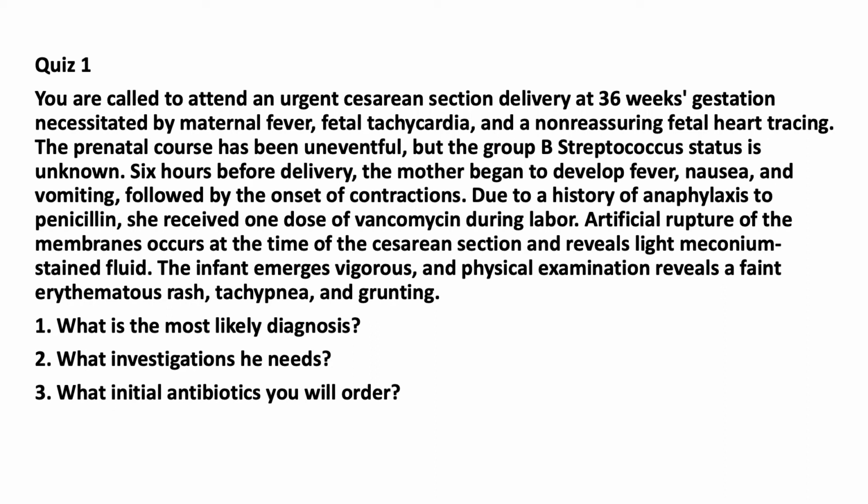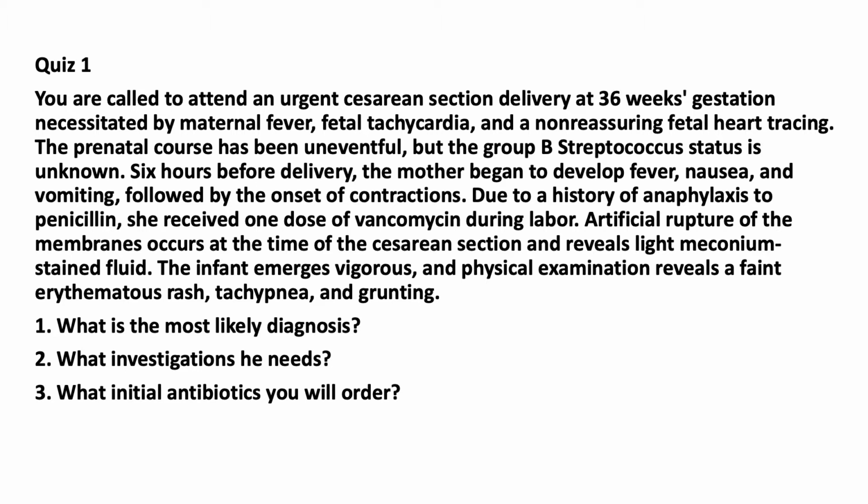You have to take this quiz. You are called to attend an urgent cesarean section delivery at 36 weeks gestation, necessitated by maternal fever, tachycardia, fetal tachycardia, and non-reassuring fetal heart tracing. The prenatal course has been uneventful, but the group B streptococcal status is unknown. 6 hours before delivery, the mother began to develop fever, nausea, and vomiting, followed by onset of contractions.